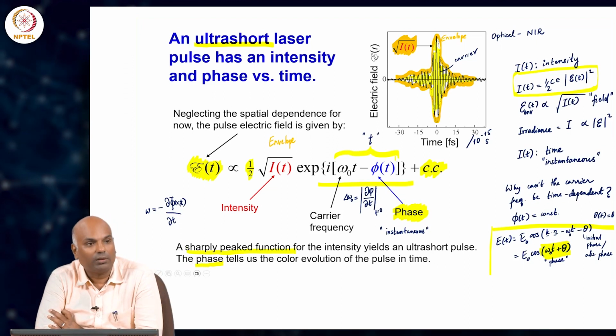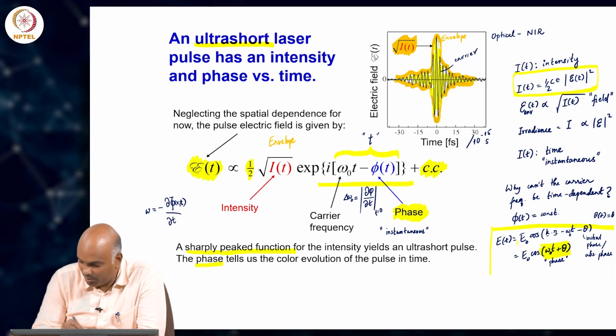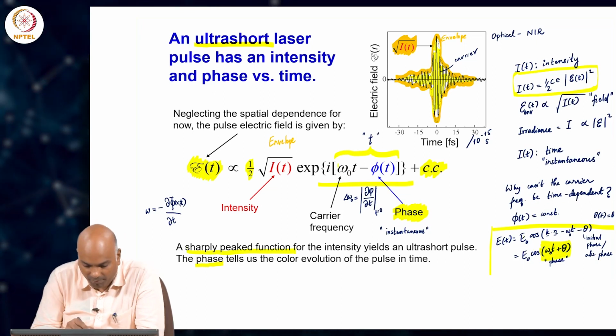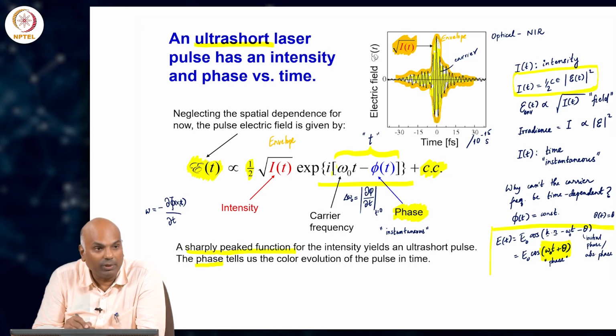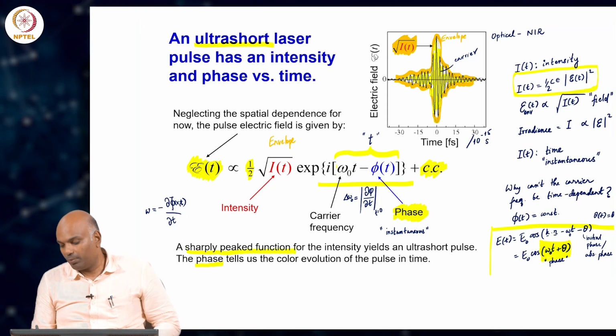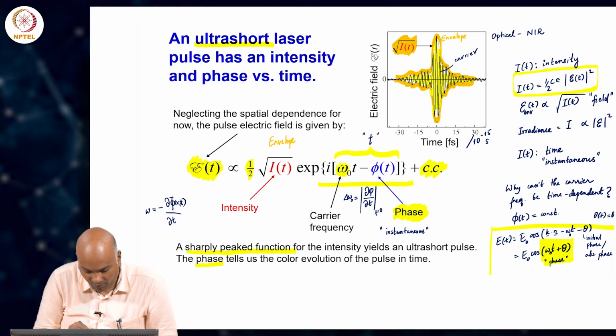phase function. Yes, that means we earlier took recourse to the similarity between the expression here at the bottom and this composite expression at the top and said that whatever is the linear contribution of the phase function, that is my carrier frequency.